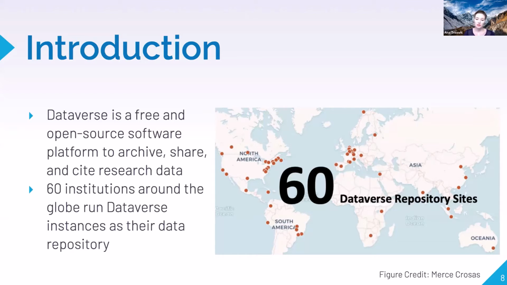I think currently there are 60, and you can see on the map on the right-hand side where they are. These 60 institutes that have Dataverse instances are used by one or more institutions or labs.